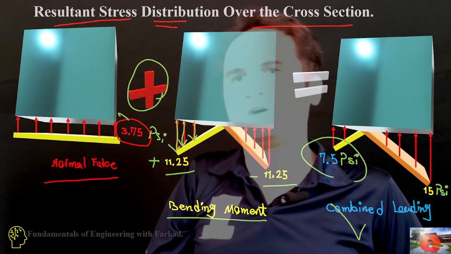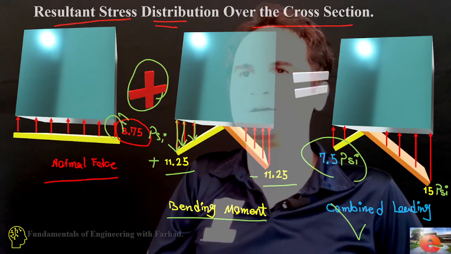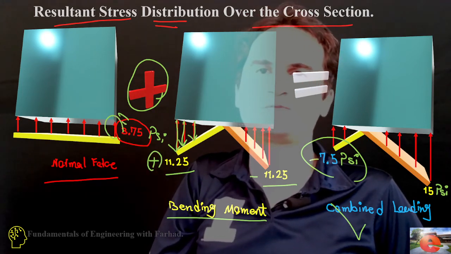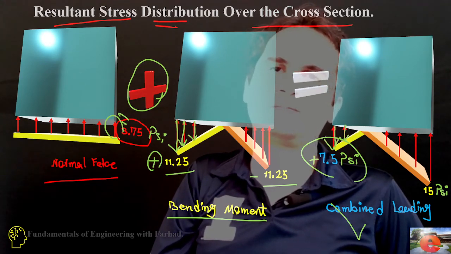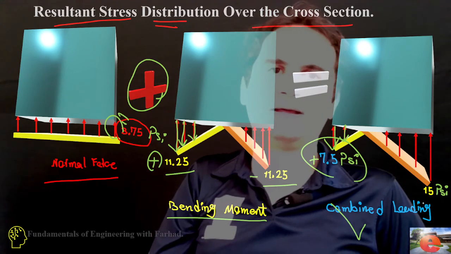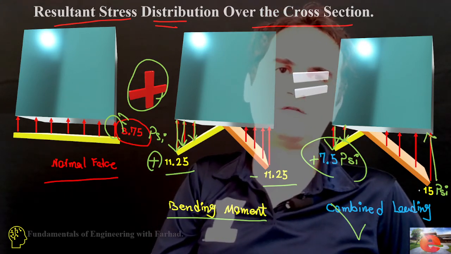The arrows are in opposite directions for these two parts. So this is a negative, this is a positive. If you subtract that, you get this amount of push, and the other part is a push of negative 15.